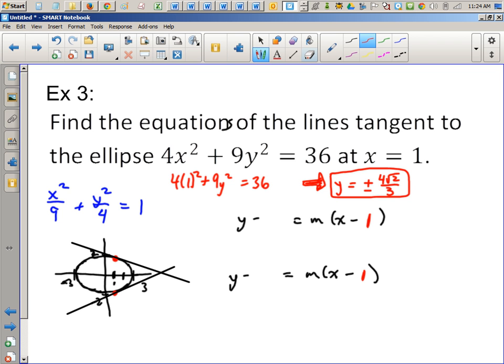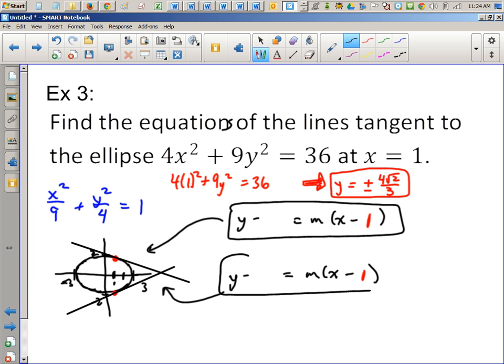Okay, now I've got to be real careful. We're trying really hard to write the equations of our lines here. Which line is which? Let's let this top one I've written be the equation of this top one. Do you think I should use the positive 4 root 2 over 3 or the negative 4 root 2 over 3 for the y coordinate for this top line?